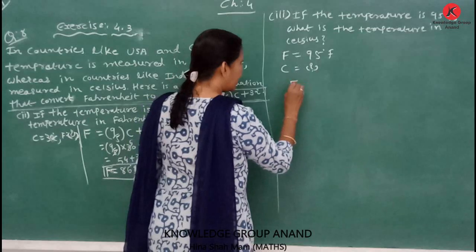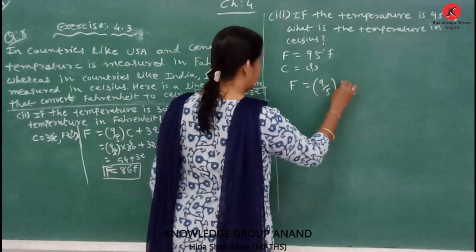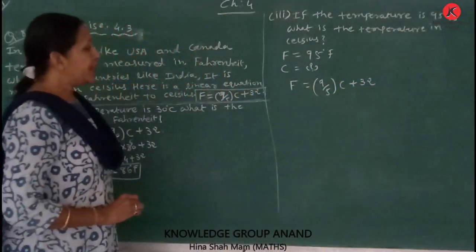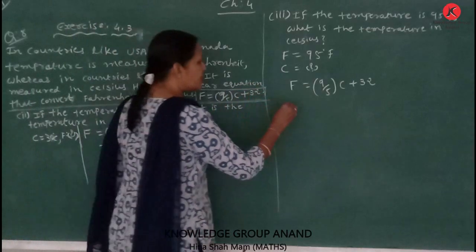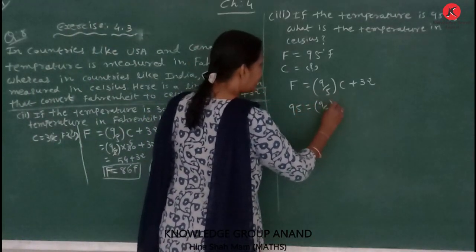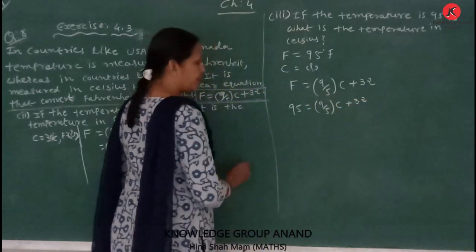Our linear equation is F is equal to 9 by 5 C plus 32. Taking the value, F is equal to 95, so 95 is equal to 9 by 5 C plus 32.